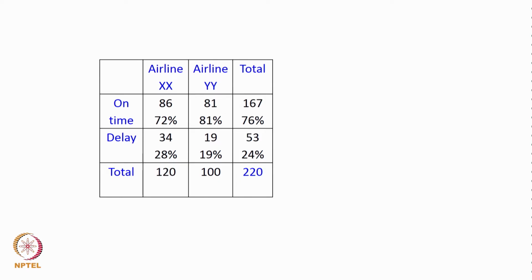So, data for 220 flights, and we say that airline XX in 86 instances departed on time and in 34 instances there was a delay by a few minutes and so on. Now let us find out an association. Can we say, for example, whether XX or YY has a better on-time departure performance?